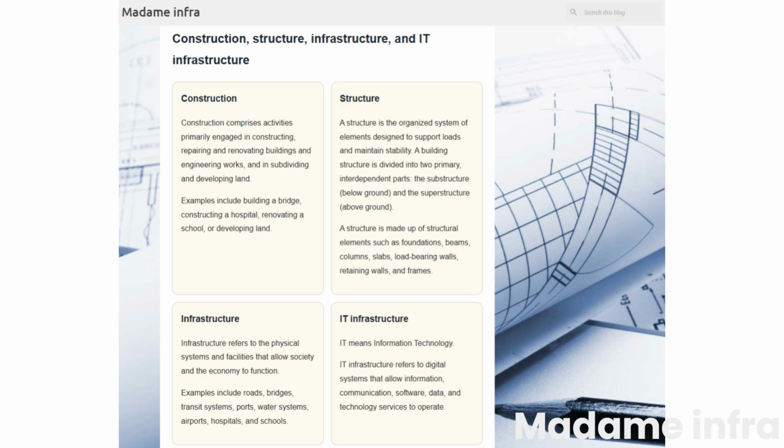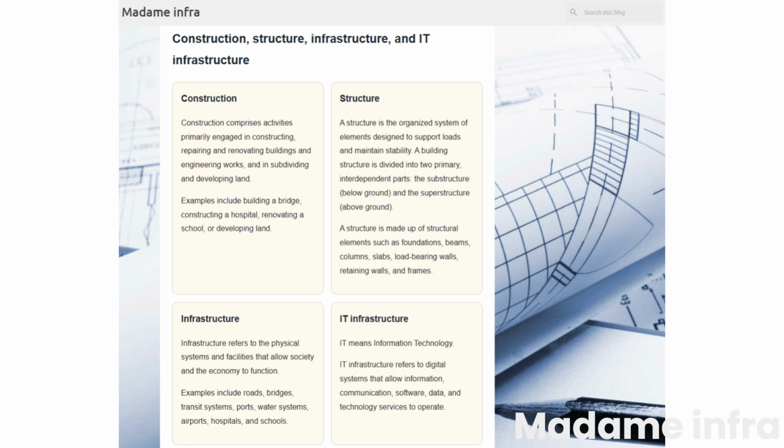Infrastructure. Infrastructure refers to the physical systems and facilities that allow society and the economy to function. Examples include roads, bridges, transit systems, ports, water systems, airports, hospitals, and schools. IT infrastructure. IT means information technology.